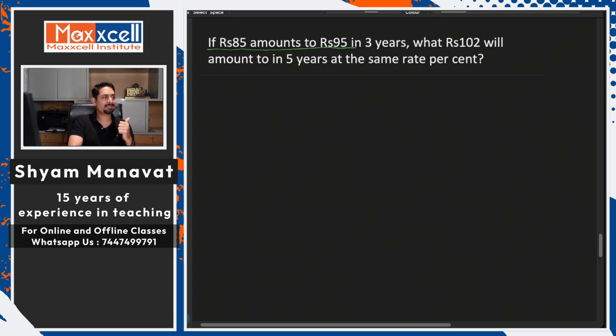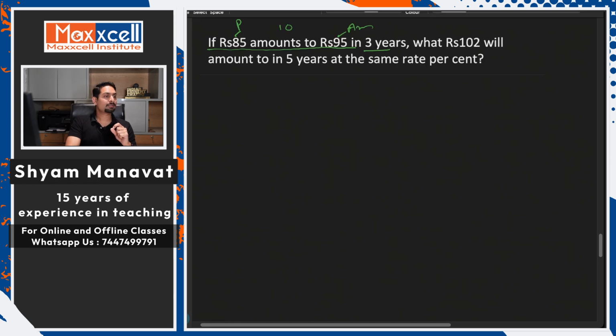Yes, interest value will be 10, because 95 is the amount and 85 is the principal, and we have learned that if I take out principal from the amount, I will be left with only interest. So interest value is 10 in 3 years. So time is 3 years.